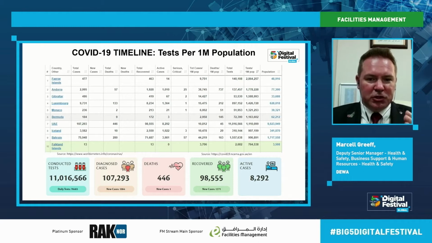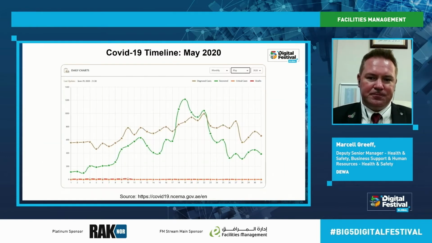As you can see, the total tests is 11 million tests that have been taken. At the moment, UAE is ranked as country number 7 in terms of tests per 1 million population. But comparing the population and the number of tests, as you can see on the list, the UAE far exceeds anybody else in the top 10.